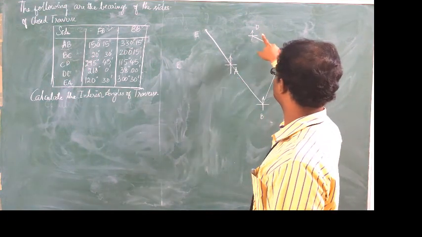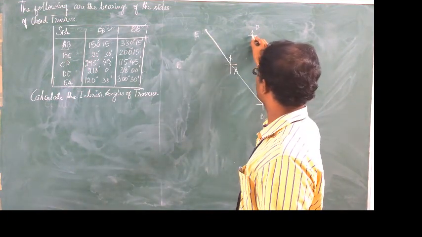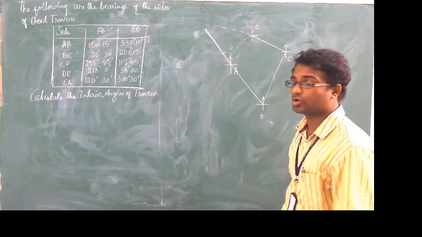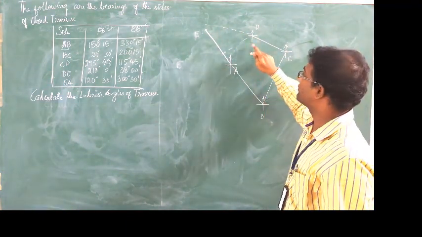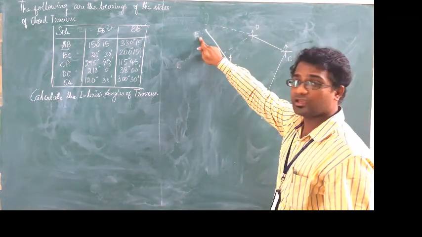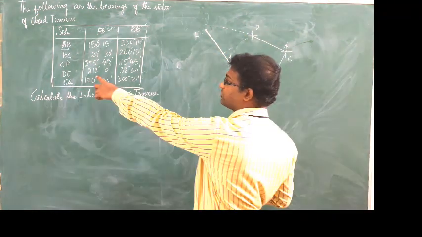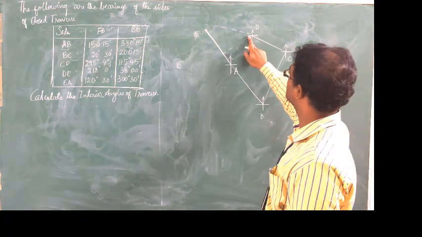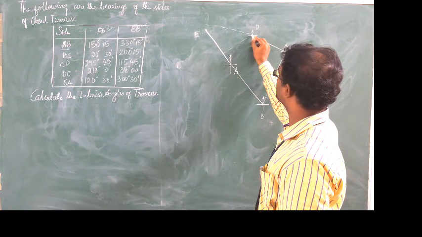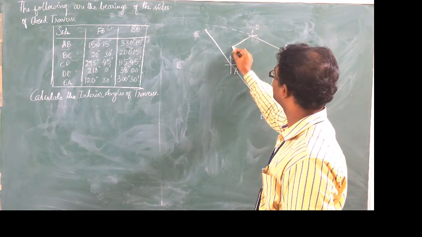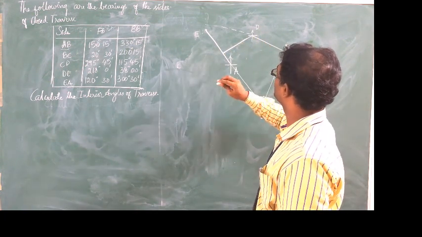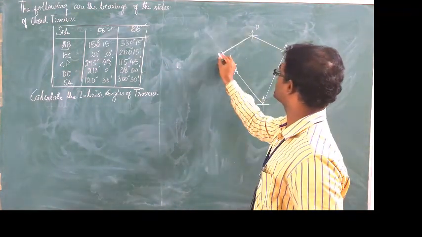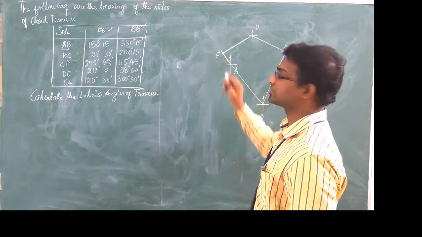A, B, C, D and E. So this could be one of the lines or this may be one of the lines. How to know which line is correct? If you happen to see DE forebearing, DE forebearing is 218 degrees 0 minutes. So it is less than 270. So this is your traverse.